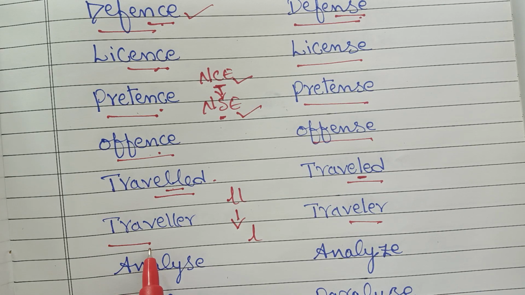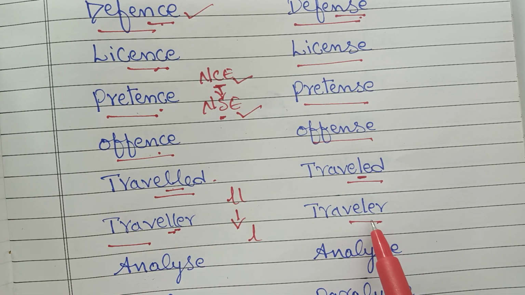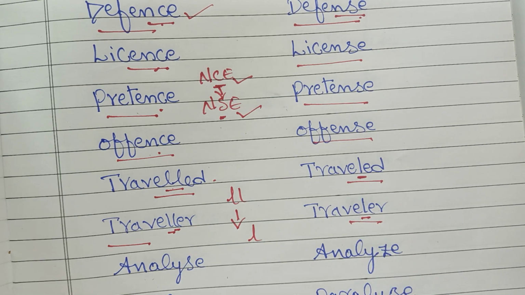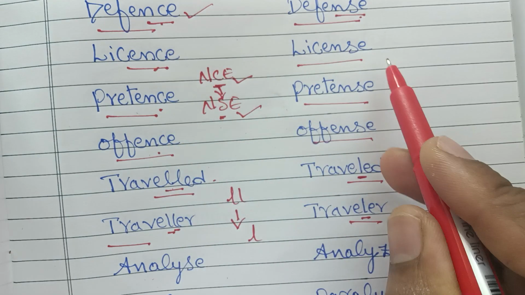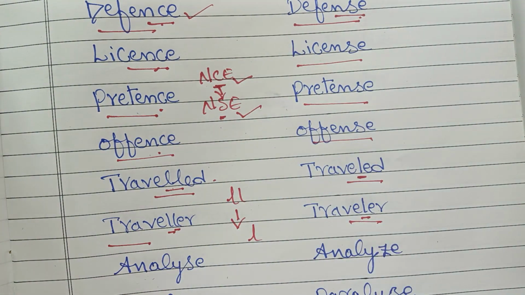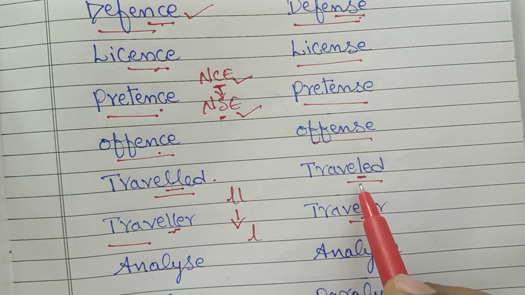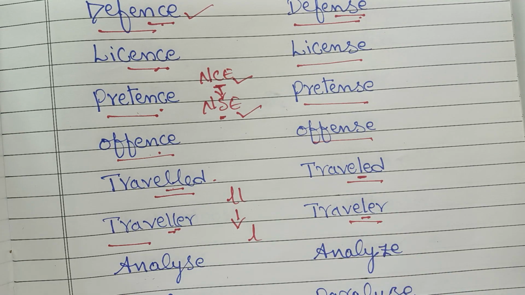Same thing here, traveller with LL, but in the American spelling, just one L. First difference, NCE, NSE. Second difference, words which use double L will always end with a single L in the American spelling.